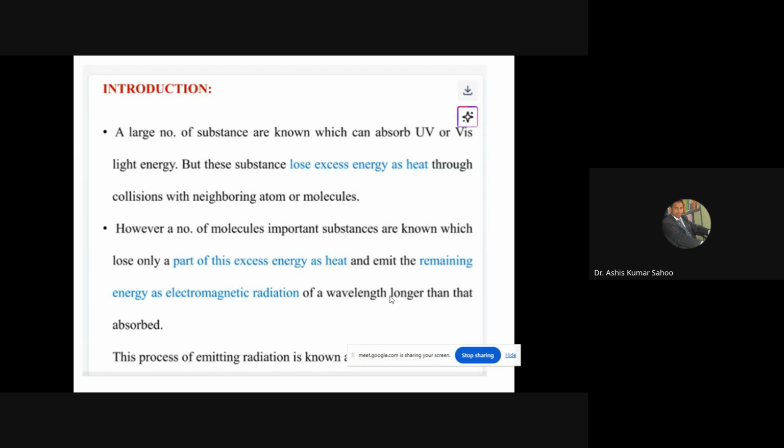This process of emitting radiation is known as luminescence.